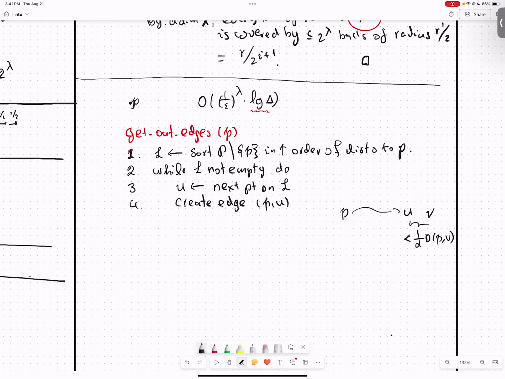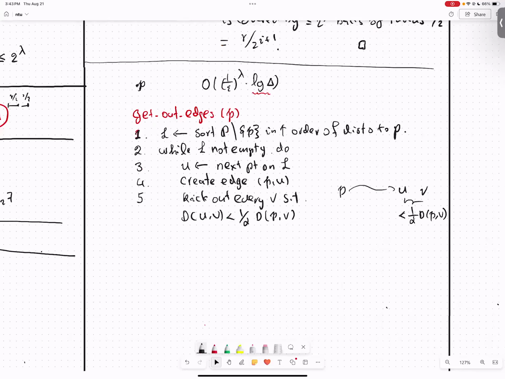If the distance between New York and Boston is less than 1/10 of the distance from Singapore to Boston, then no direct flight is necessary. So basically this is what this algorithm does: kick out every V such that the distance of UV is less than 1 over alpha times the distance of P to V. Okay, good. So that's the algorithm.